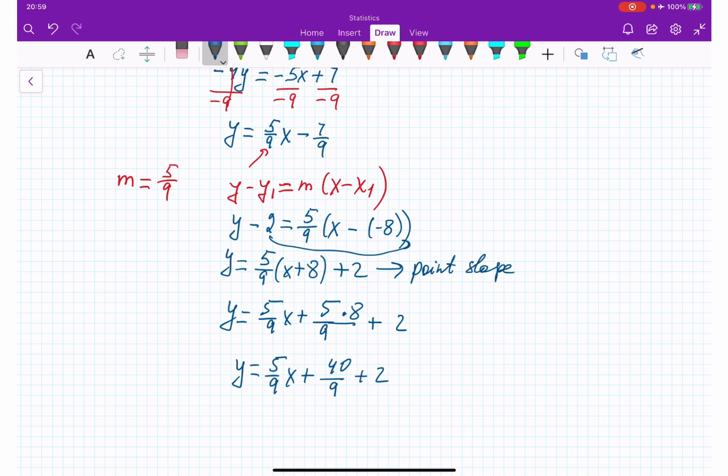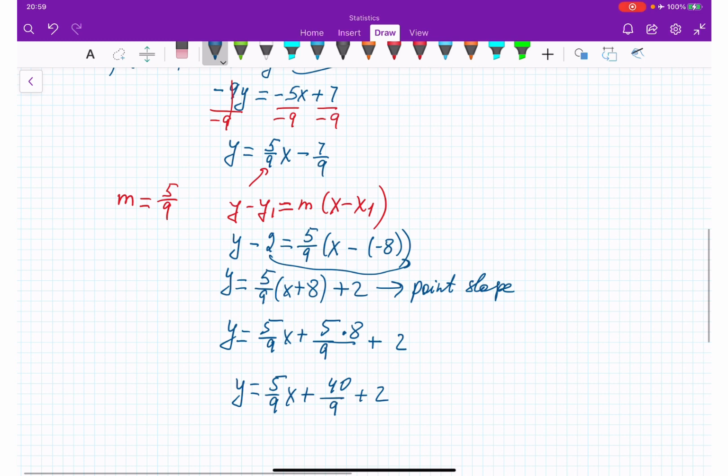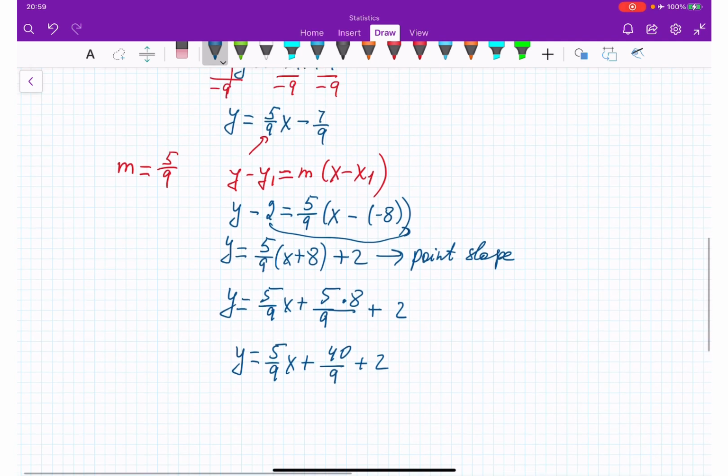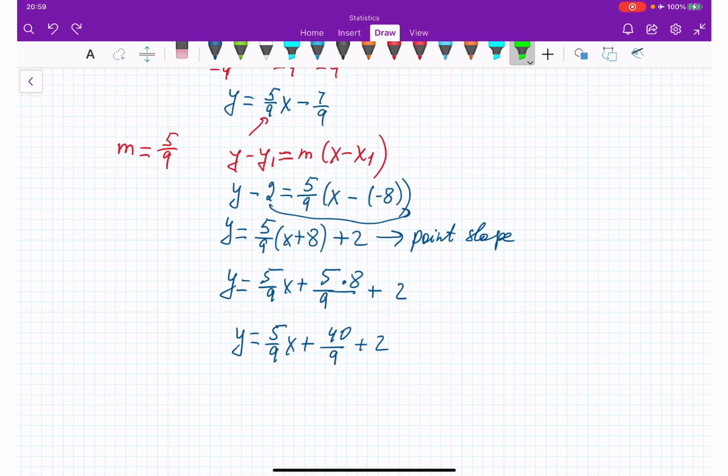Here it doesn't ask us to put it in the slope-intercept format. It's asking for general form. General form is just like the one given: 5x minus 9y minus 7 equals 0. For general form we need to bring to a common denominator. Look at that, the common denominator is 9.